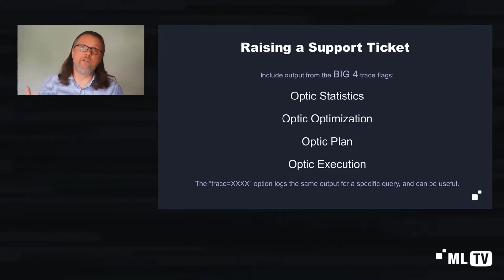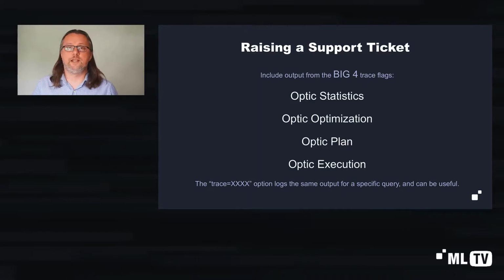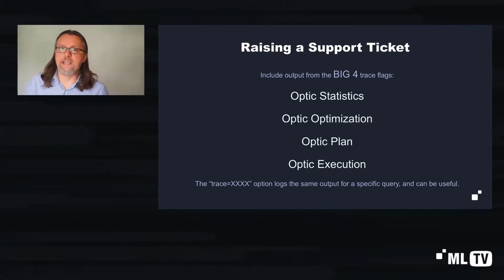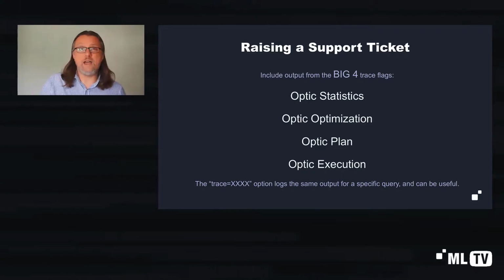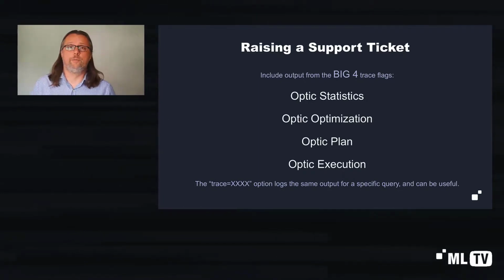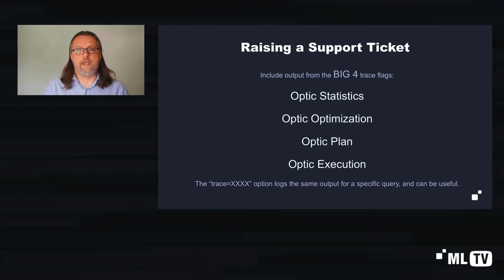If you don't include the information from those trace flags, we're just going to have to come back to you and ask you for the information. And that's going to put a whole delay on being able to deal with your support requests. So that is kind of important. And remember as well that you can use the trace option to report on that information just for a particular query rather than for all the queries that you're running in your application.